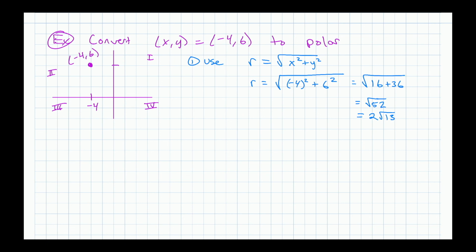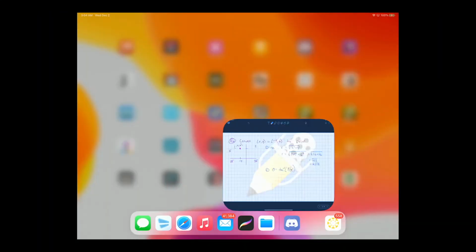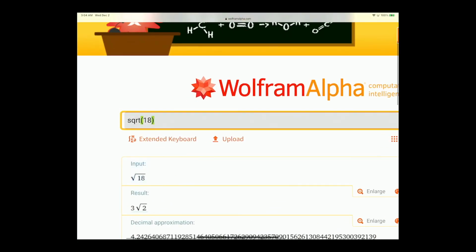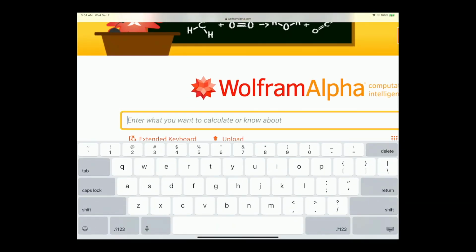Now we need to get the theta. Theta is going to be the tangent inverse of y over x. I'm going to do it on Wolfram just because. So y equals 6, x is -4. Okay, so we go to Wolfram Alpha, just in case you don't have a calculator that's good at this.